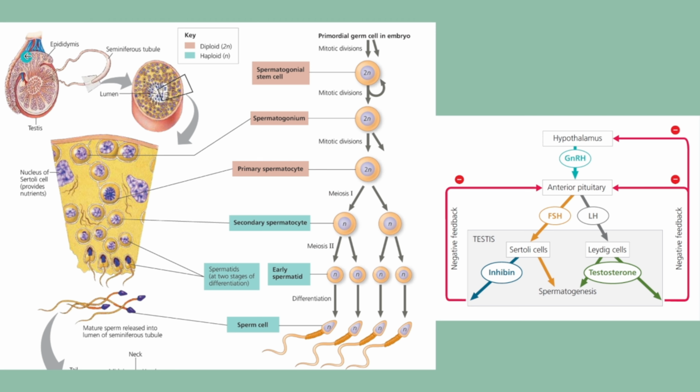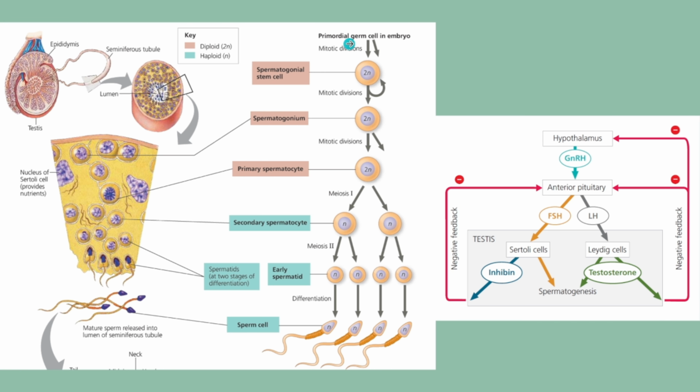Inside your testes, you can see many coiled seminiferous tubules packed in the testes. Your spermatogenesis occurs in the seminiferous tubule. When you enlarge it, you will see this kind of structure in the seminiferous tubule, and all this process occurs inside it.